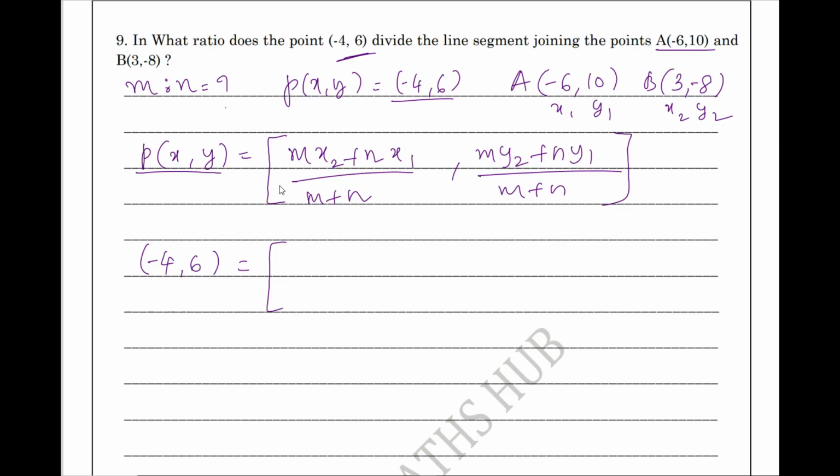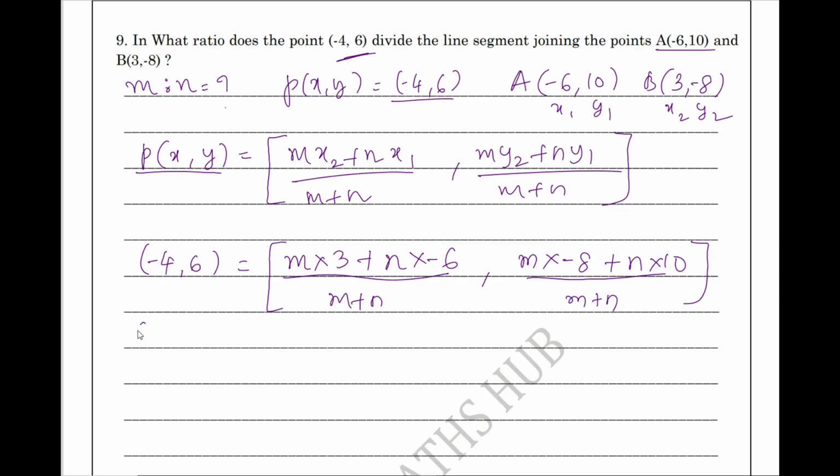We need to find it out, keep it as it is. m into x2, which is 3, plus n as it is into x1, which is -6, whole divided by m plus n, comma, m as it is into y2, which is -8, plus n as it is into y1, which is 10, whole divided by m plus n.